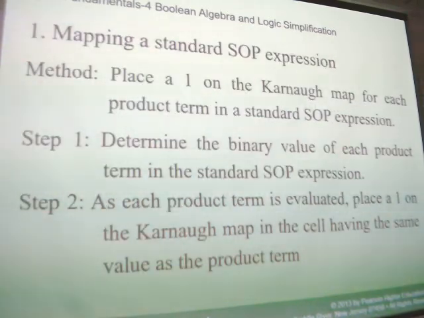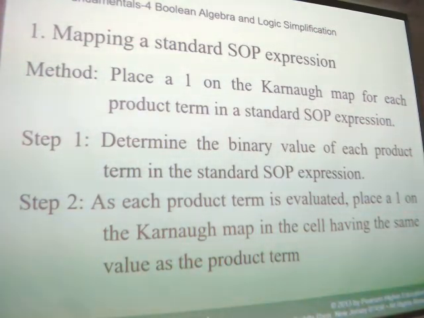The method is that we must first know how to map a standard SOP expression. Place a 1 on the Karnaugh map for each product term in the standard SOP expression. The first step is to determine the binary value of each product term in the standard SOP expression.